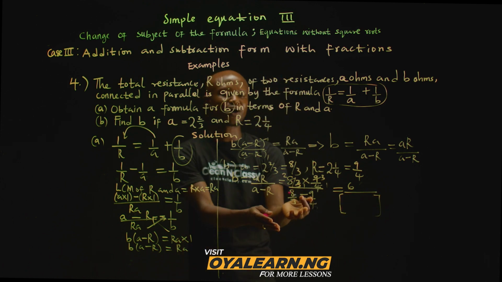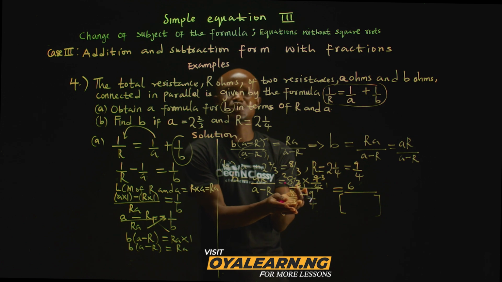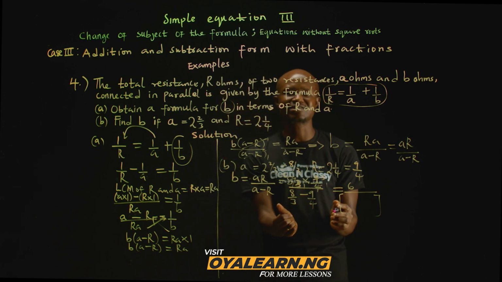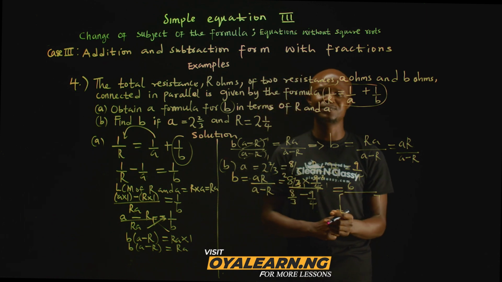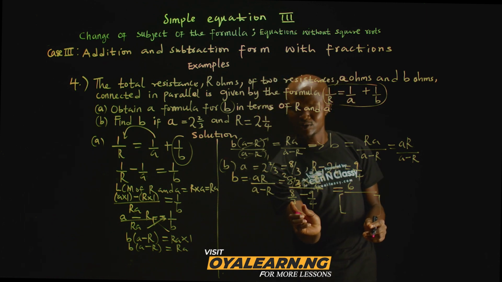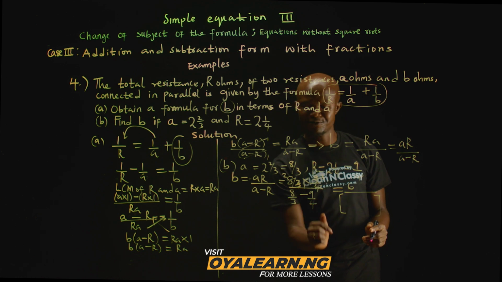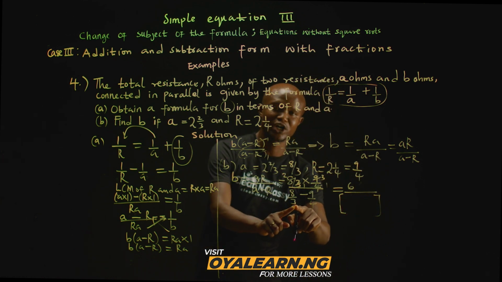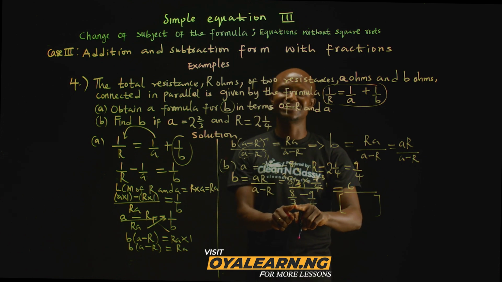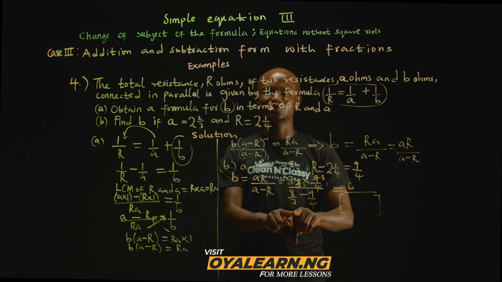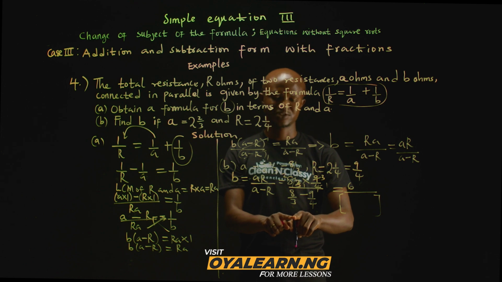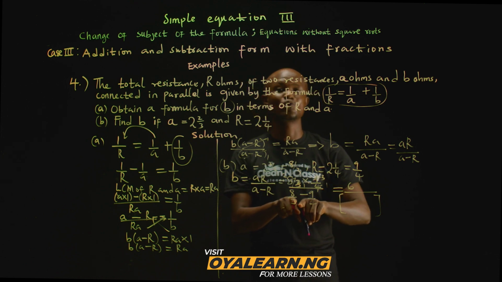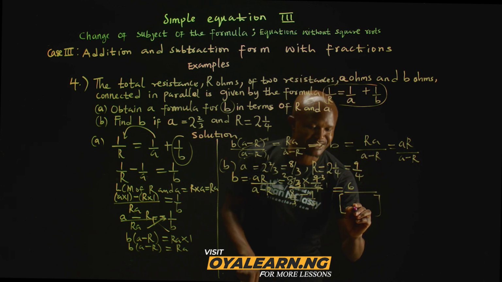The denominator is a difference of 2 fractions. So in that case, we need to look for the LCM of the denominators. LCM of 3 and 4 is 12. It's just the product because except 1, there's no other factor common to 3 and 4. So we can just multiply the denominators to get our LCM, and that is 12.